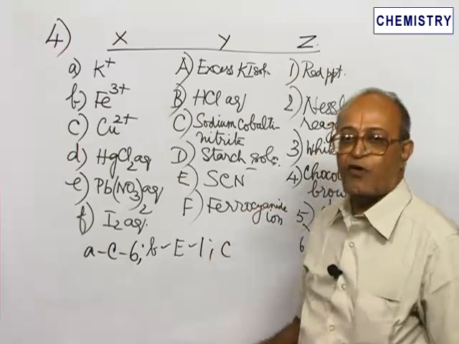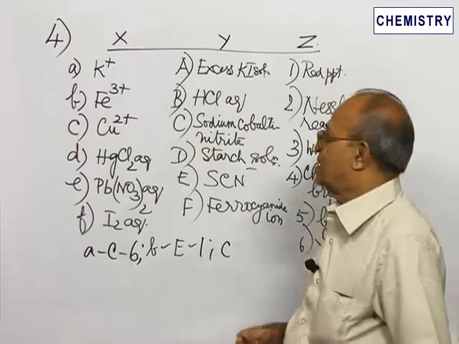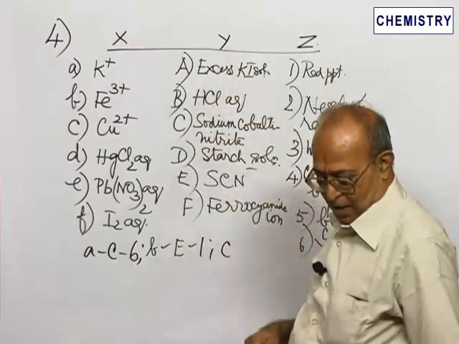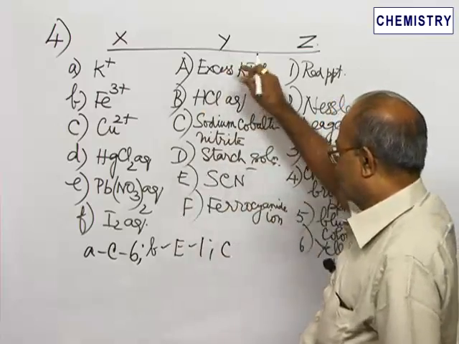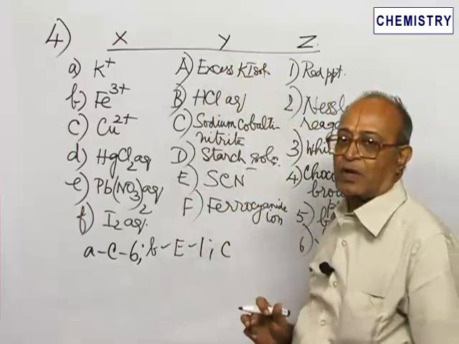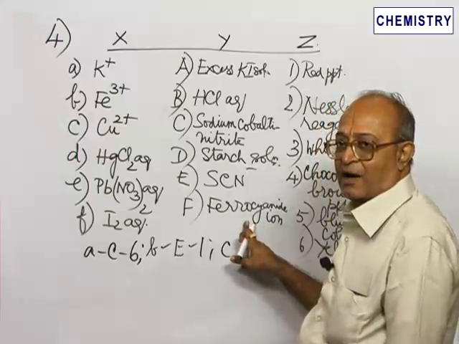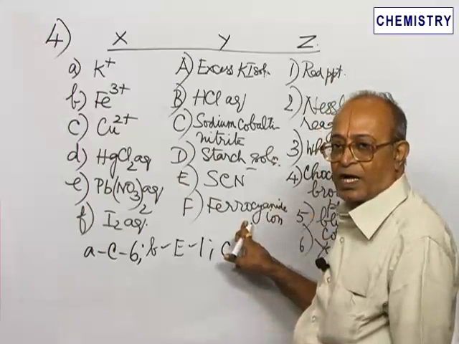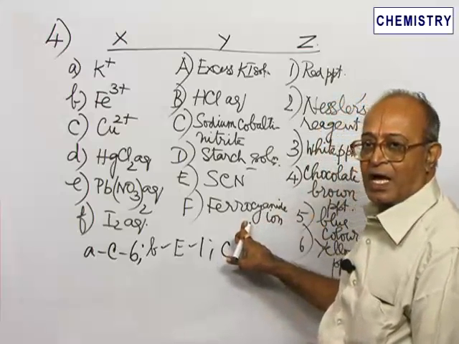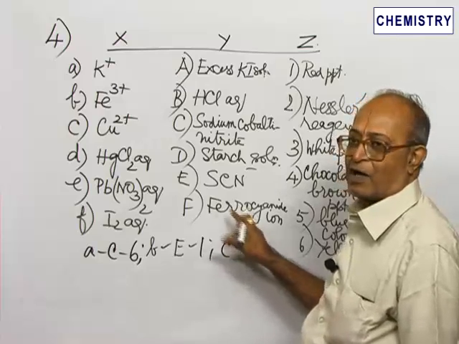So, you look for the presence of the particular reagent that is given under column Y. Ammonium hydroxide is not given in column Y. So, you resort to ferrocyanide ion. Usually, we give the compound as potassium ferrocyanide, but here I have mentioned only ferrocyanide ion.